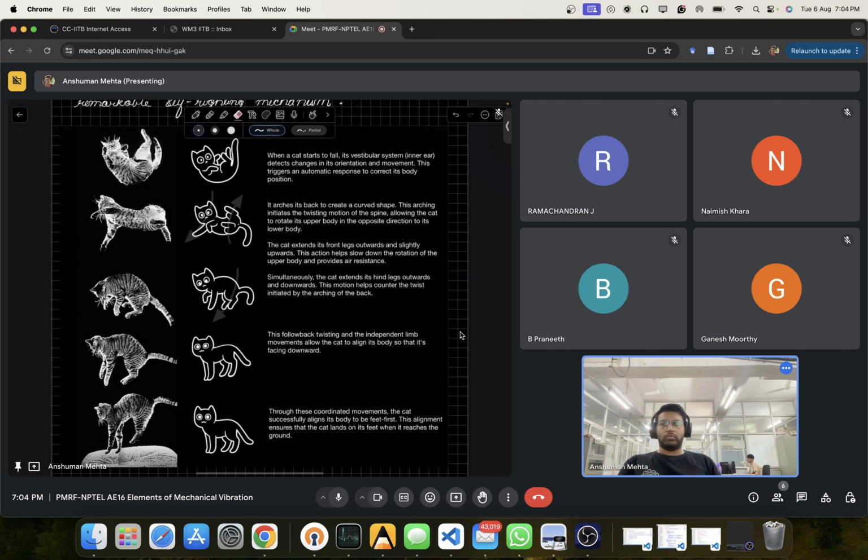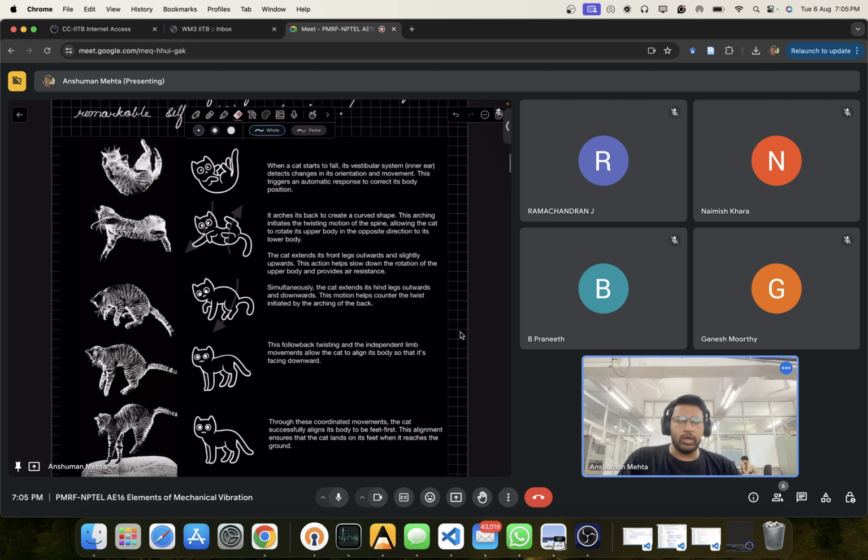If you just leave a cat from, let's say, the fifth floor, now the cat will try to self-right its orientation so that it can land on its feet.